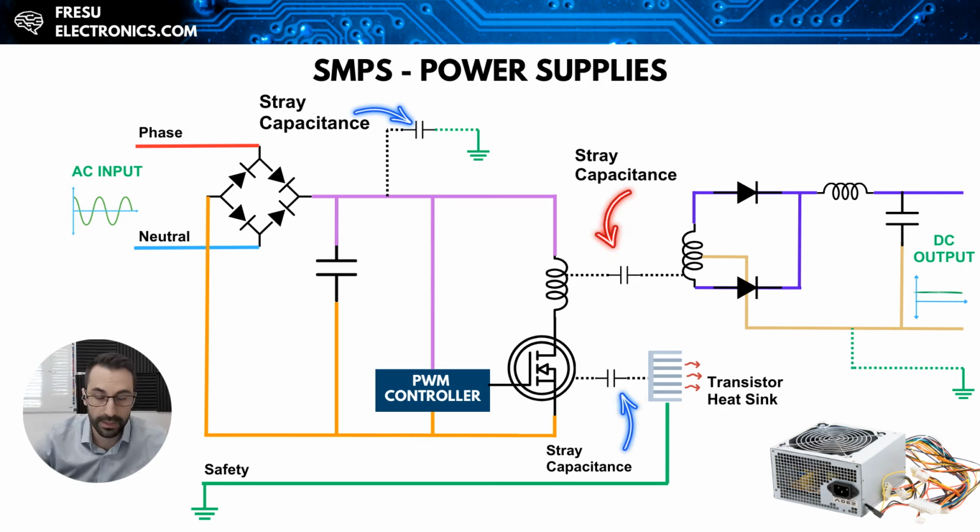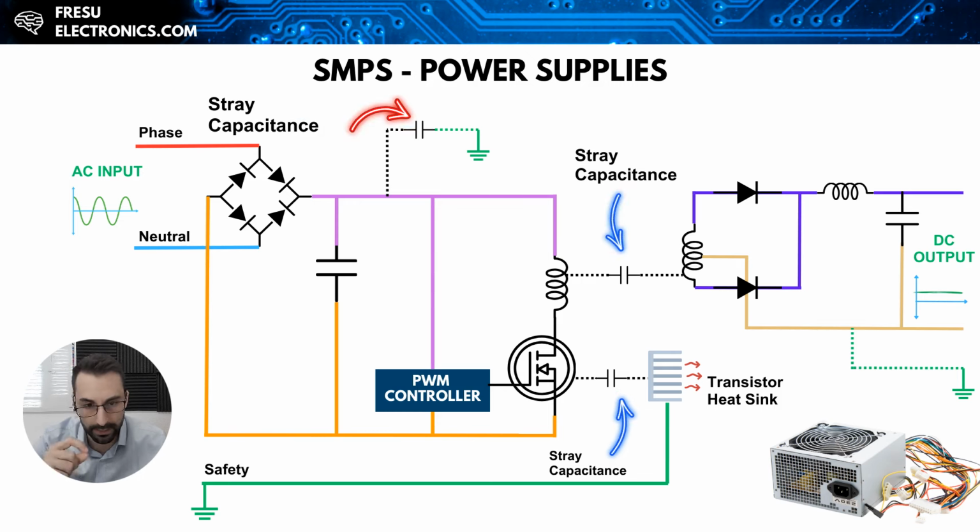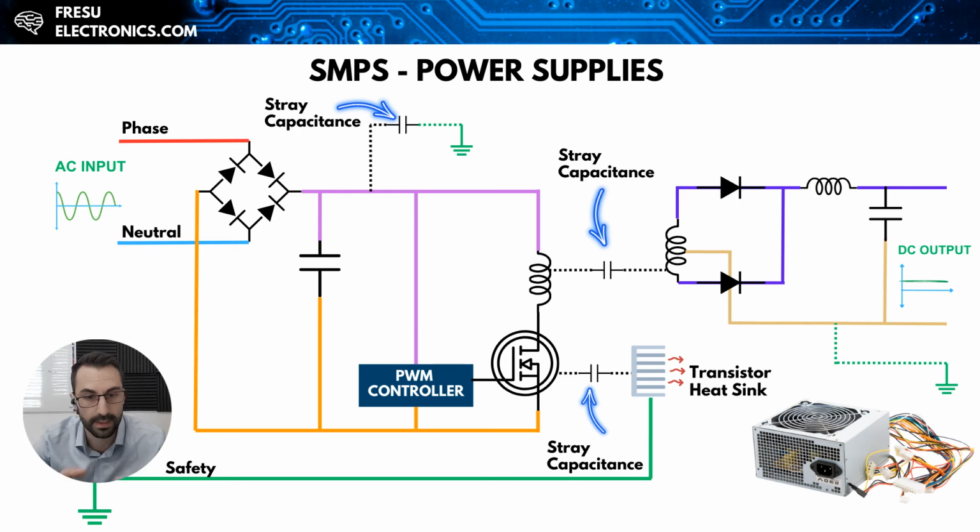The second is the interwinding transformer capacitance between the primary and the secondary side of the transformer. And the third is the stray capacitance to the earth ground from the wiring and from the PCB traces. Since these 3 points are the sources of common mode currents, they will present the challenging EMI issues. And the question for us designers is, how can we fix these issues at the design stage?